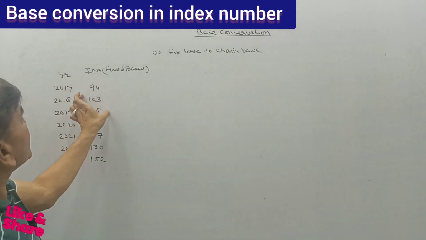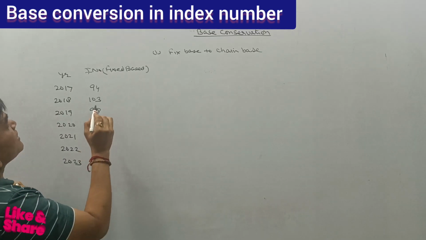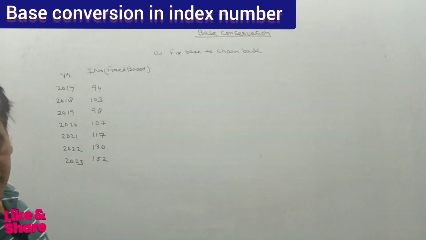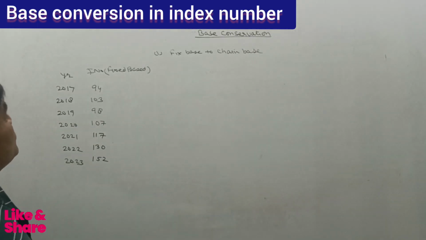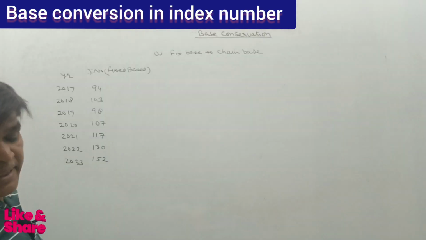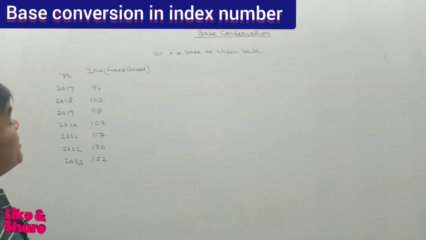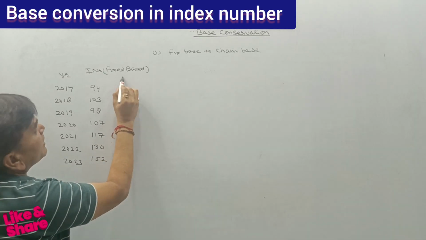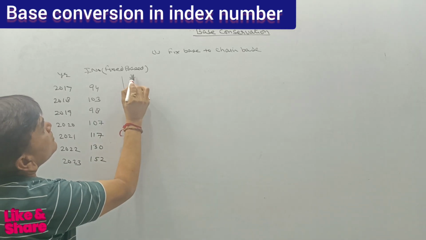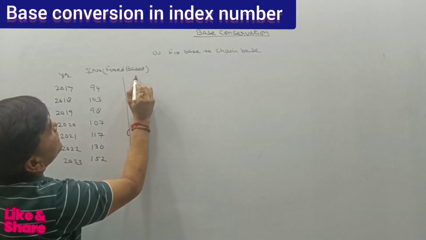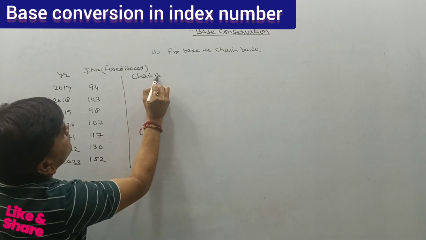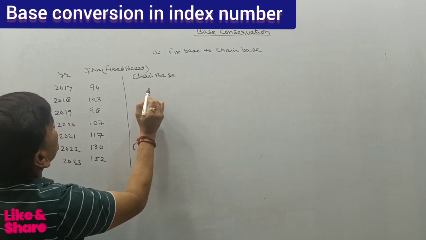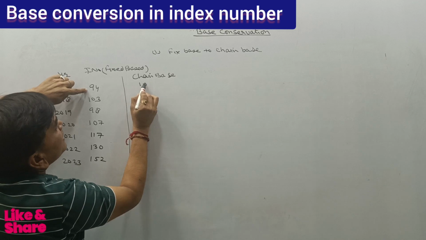All these index numbers depend on a base year. So if we are to change these into chain base index numbers, what will we do? We assume the first one is 100.